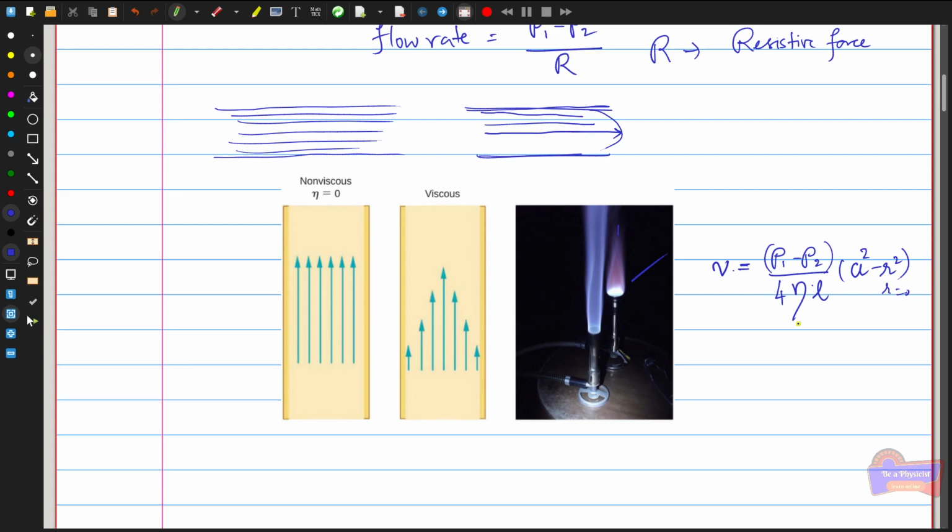We can derive this equation in this class.